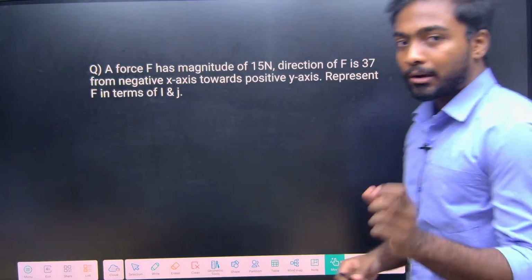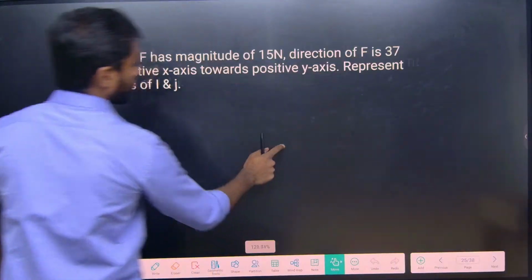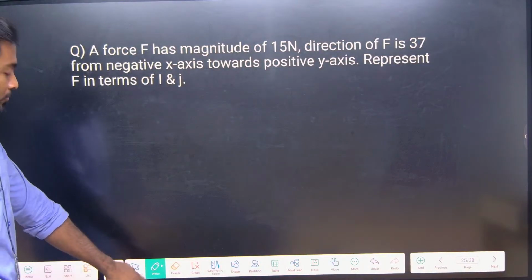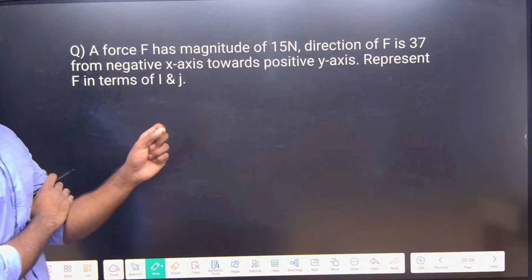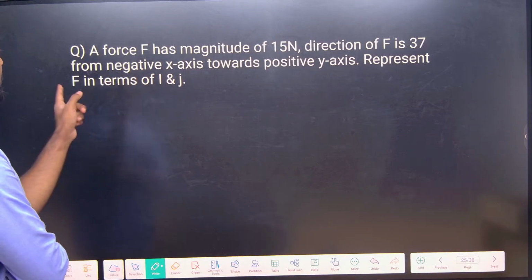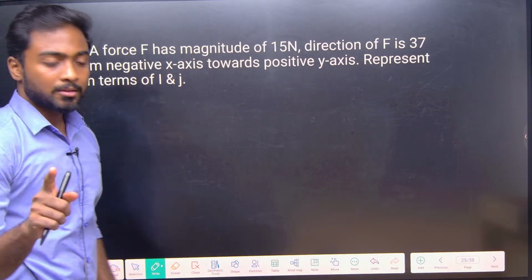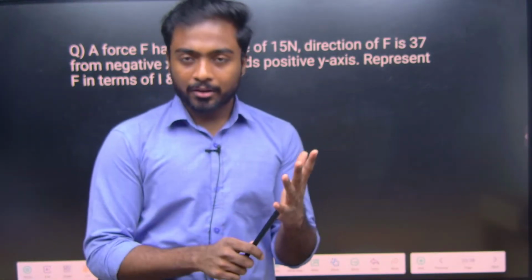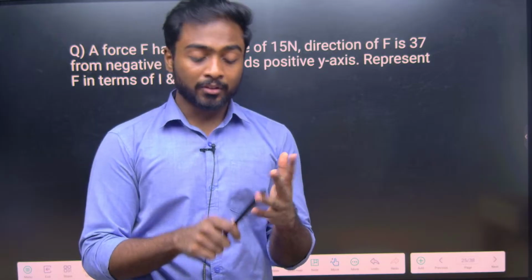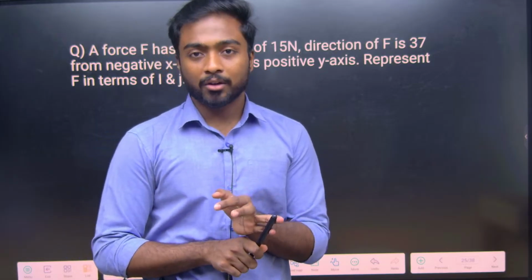Now we'll do a small question. A force F has a magnitude of 15 Newton, and the direction of F is 37 degree from the negative x axis. So I have given the things. What is sine and cos of 37 degree, and what is sine and cos of 53 degree?